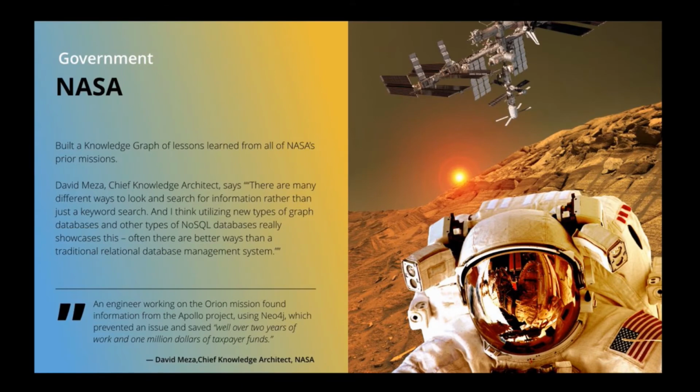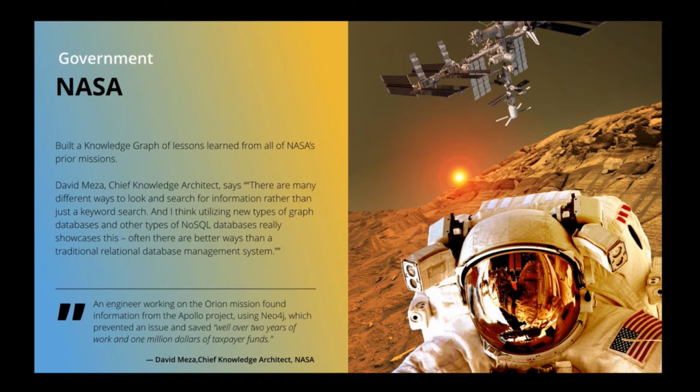Now I want to talk about NASA. NASA is also a Neo4j user, and NASA built a knowledge graph of all the lessons learned from all of NASA's prior missions. David Meza, the chief knowledge architect at NASA, spearheaded this project, and he was looking to go beyond the type of keyword search that they had in the past and really understand the relationships between all of these projects and the mistakes that happened in the past to learn from that for future projects.